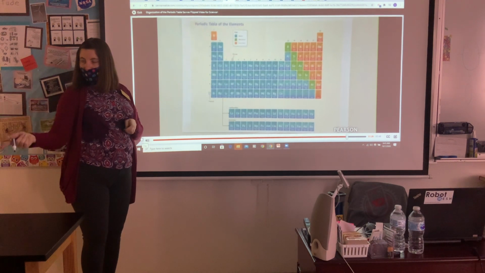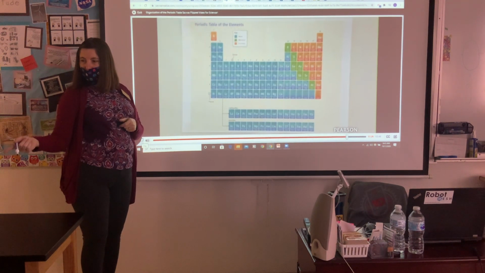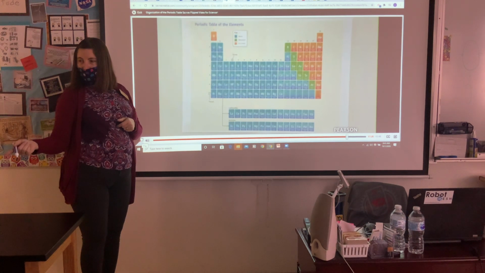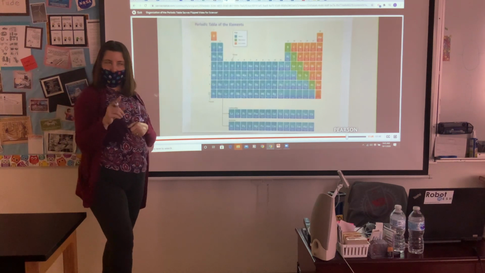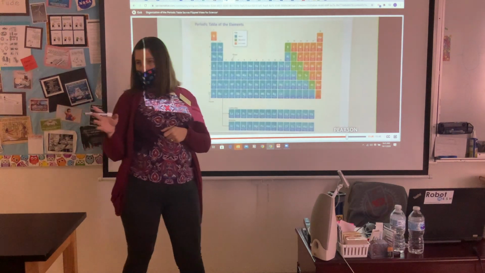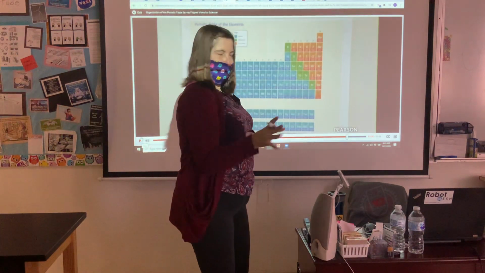So the top is the lowest energy electron. So you have one valence electron. Well, there's not just one electron in each level though. Okay, and that we haven't learned about yet.